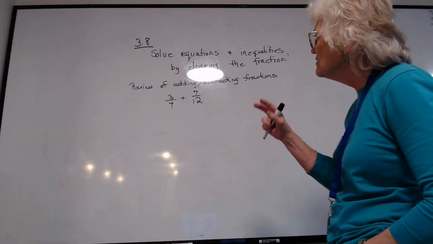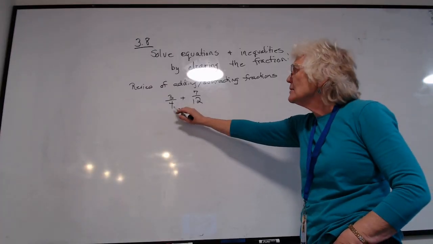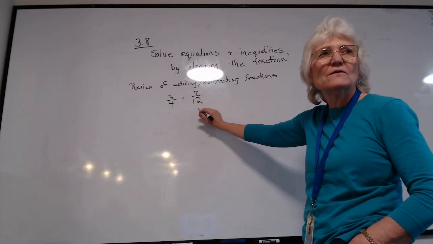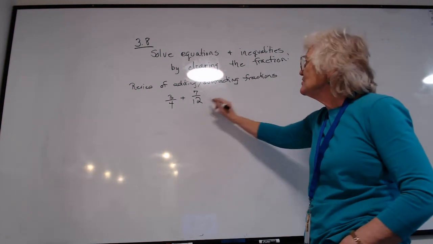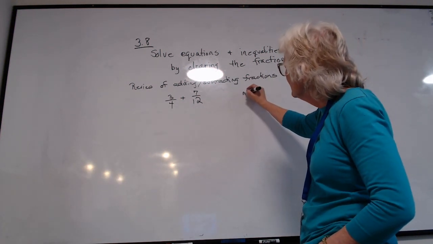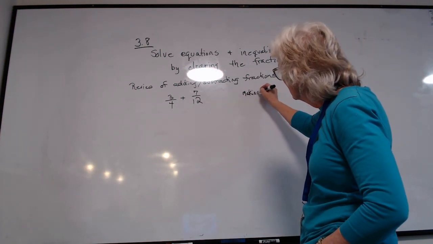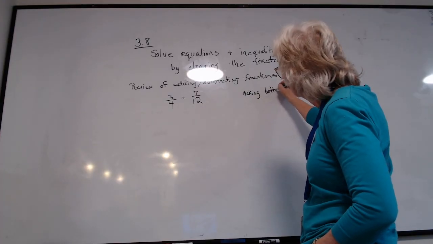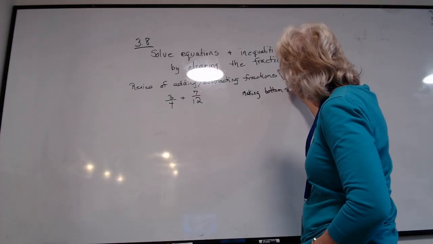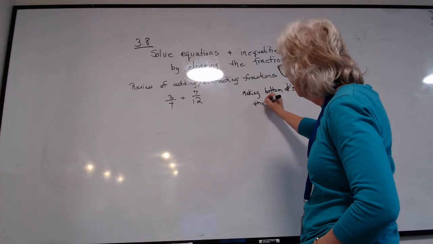So what we do is we can say, okay, what number does 4 and 12 divide evenly into? So a common, making the bottom numbers the same.